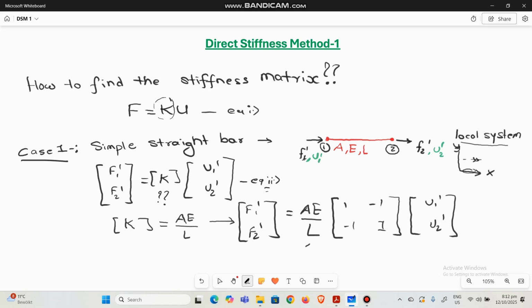So now this becomes our stiffness matrix K. Let's say this is equation number 3. Okay, so you use this formula to find the stiffness matrix for a simple bar element which is aligned perfectly with the global coordinate system.